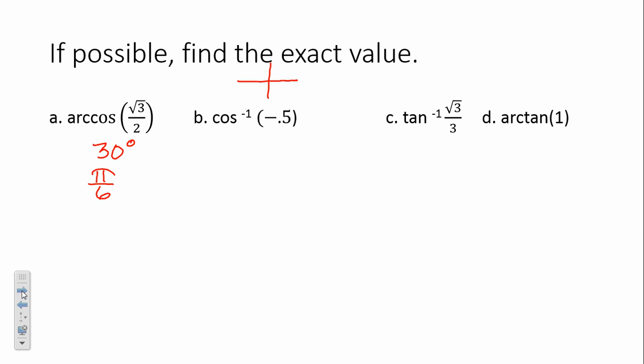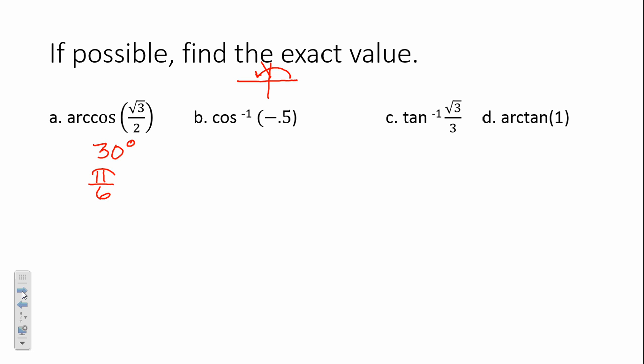So we know that we are in the first or the second quadrant here. Second quadrant, because that's where the cosine is going to be negative. What's a 60-degree angle in the second quadrant? 120.